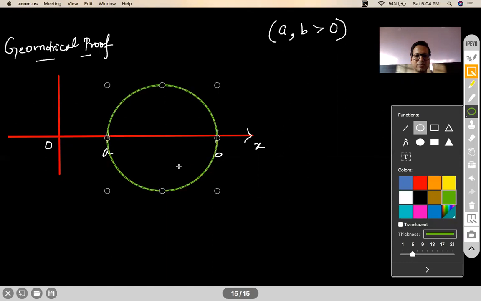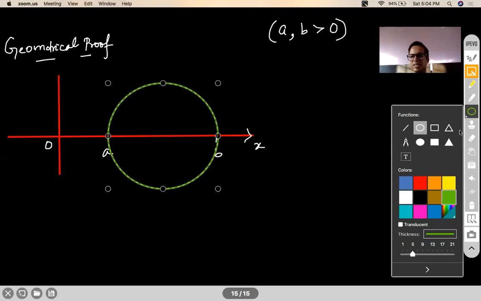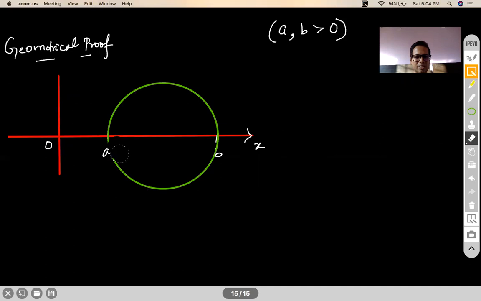There you go. Okay. Let me call them by the names A and B also. Let's say C is the center of this particular semicircle. What do you think is the OC distance?